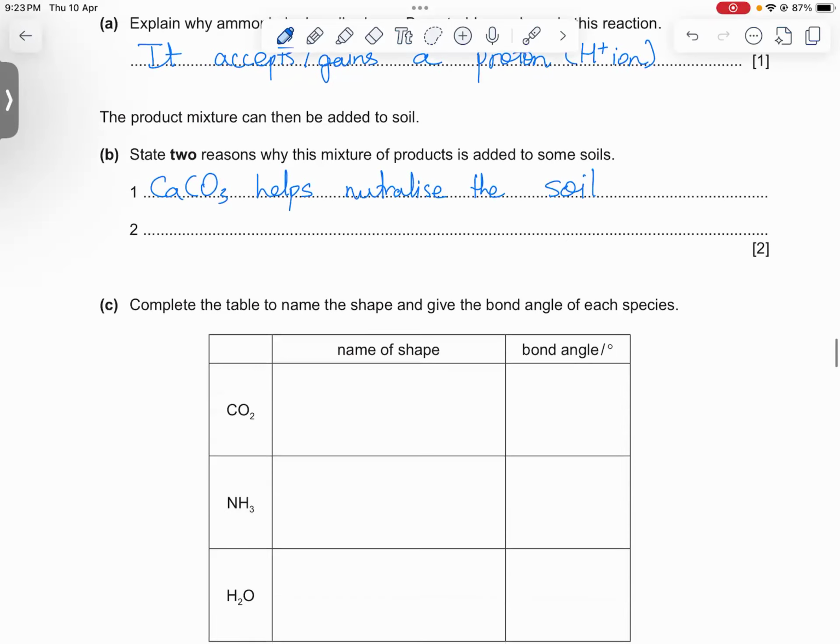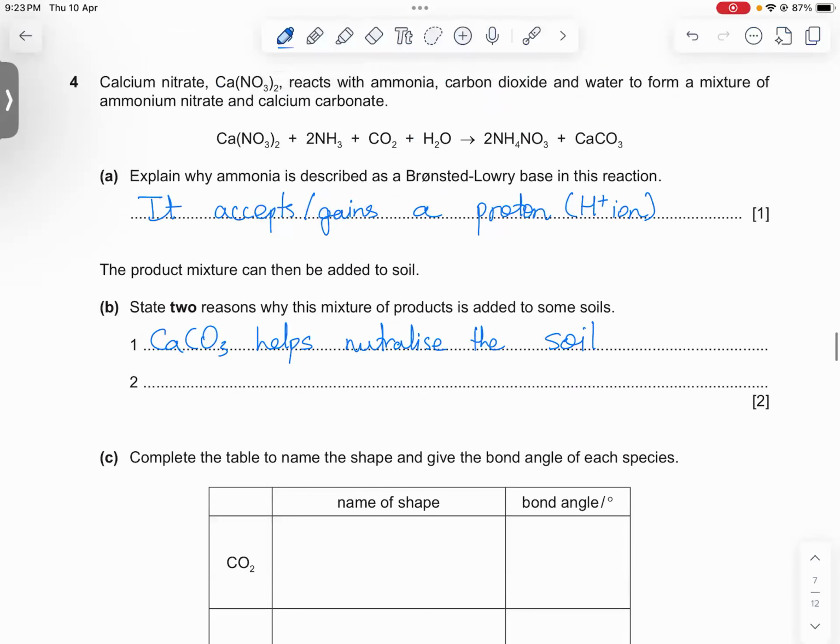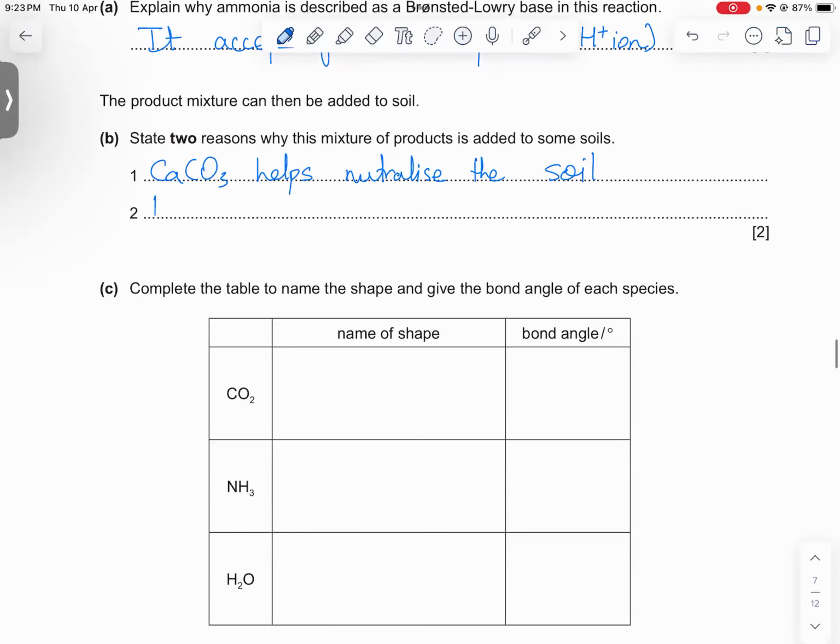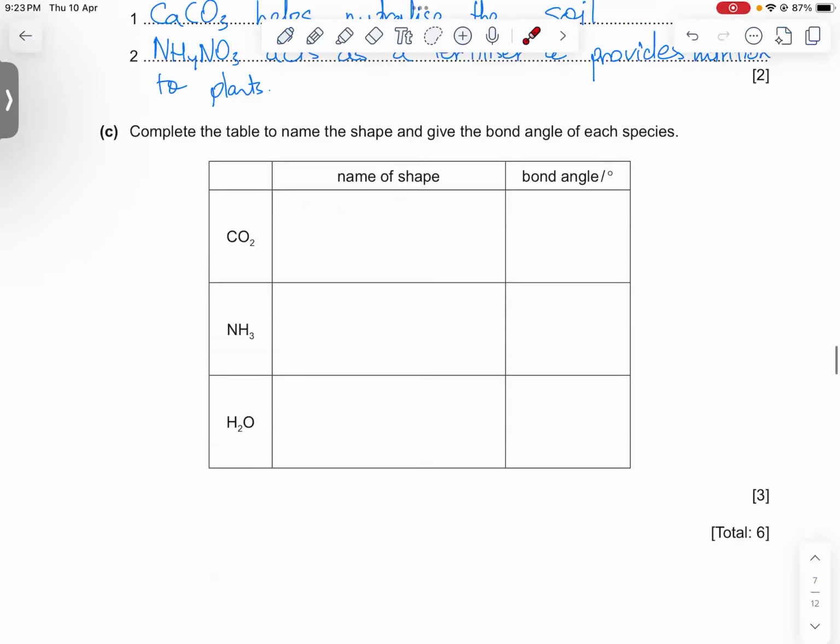And the nitrate guy, NH4NO3, acts as a fertilizer and provides nutrition to plants. Full stop. Next question.